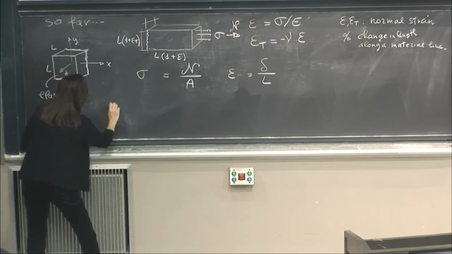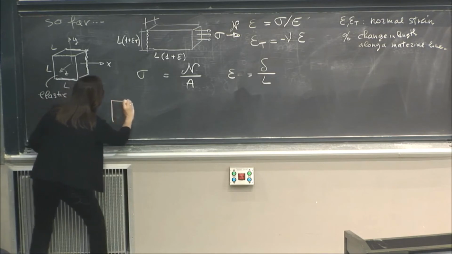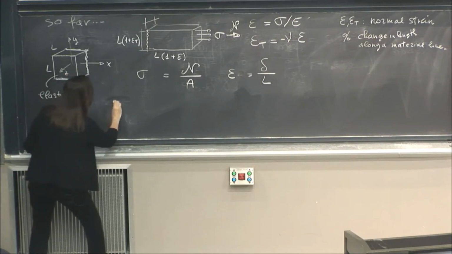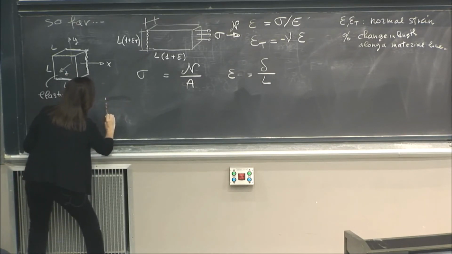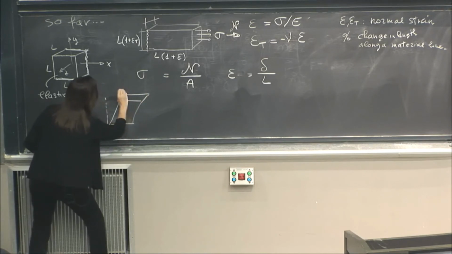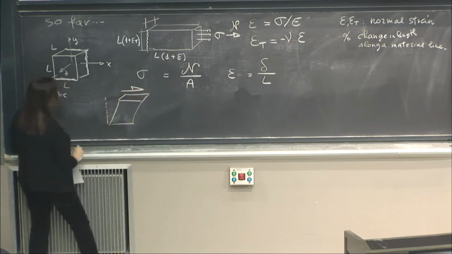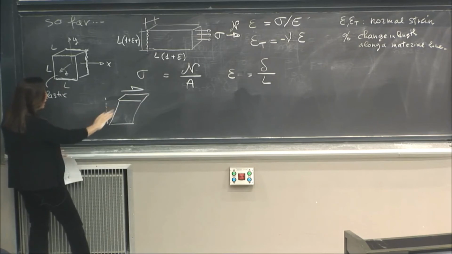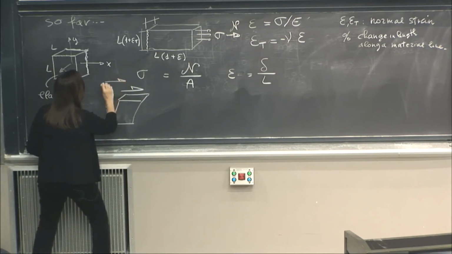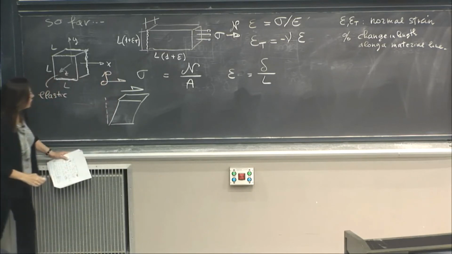We also looked at a different kind of deformation, and that was shear deformation. So in shear, we said, what if instead of loading the material normal to the surface of the block, I load it in a direction which is parallel to the surface of the block, like that. So what if I load the material with a force parallel to the surface, and our force parallel to the surface, remember, was our shear force resultant.